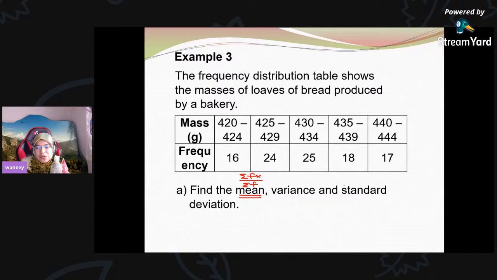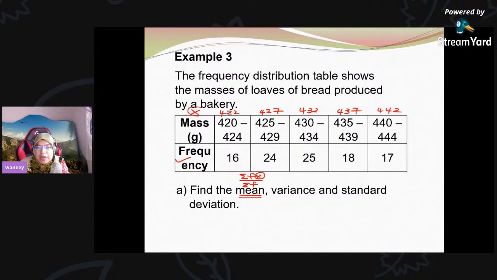So I need to know the frequency, which is already over here. And then I need to have the midpoint. I don't have the midpoint yet, so I have to calculate it. You add these two together first and then divide by 2. So that is the midpoint. So the x over here is 422, 427, 432, 437, and 442.